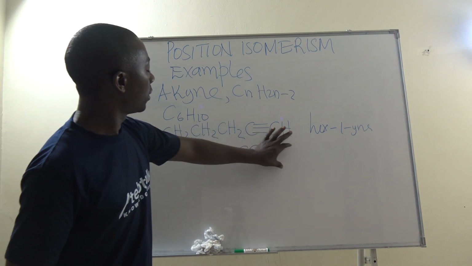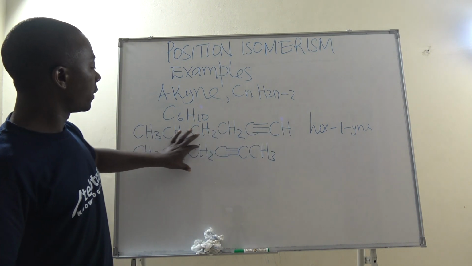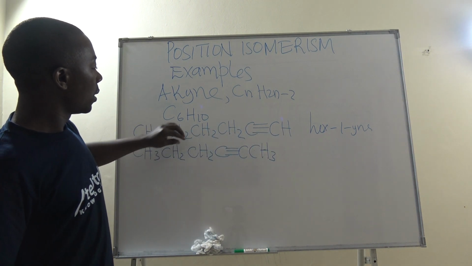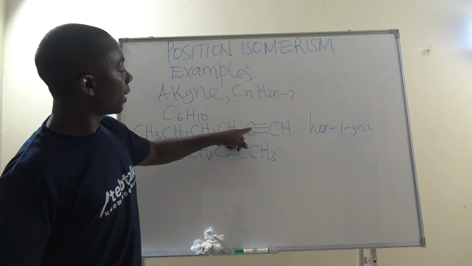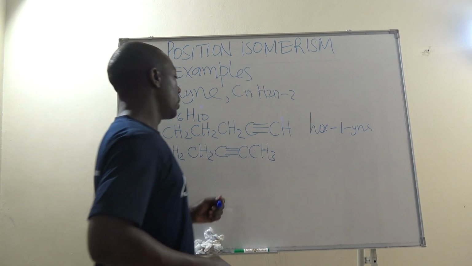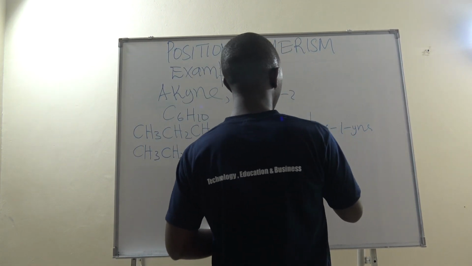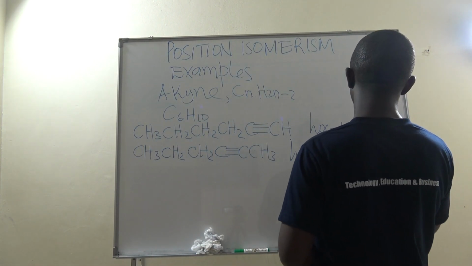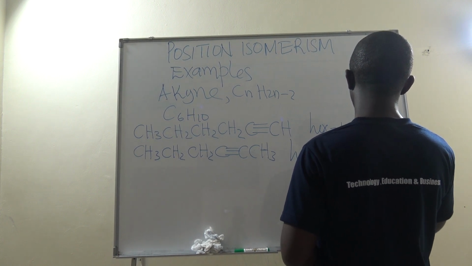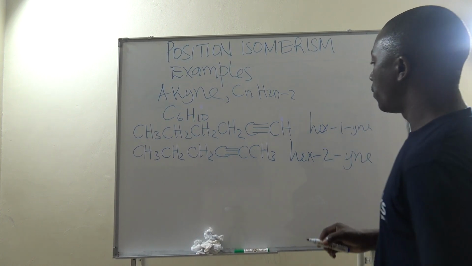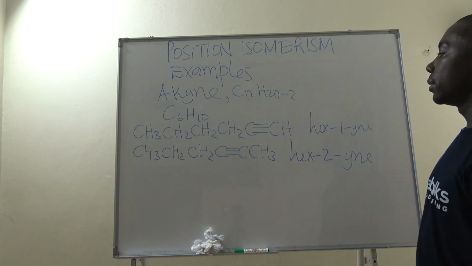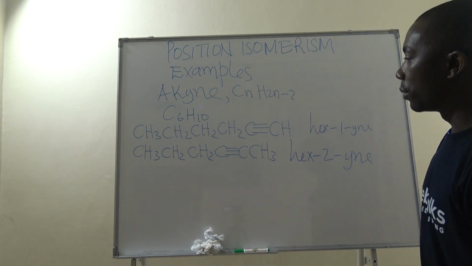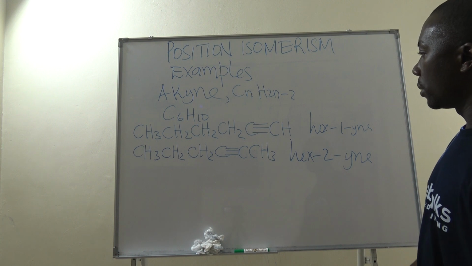All of them are horizontal and the horizontal setup is having 6 carbon atoms in each. But this one has a triple bond on the second carbon, this one has a triple bond on the first carbon. So this becomes a hex-2-yne. So the two are different by the virtue of the position taken by the functional group.